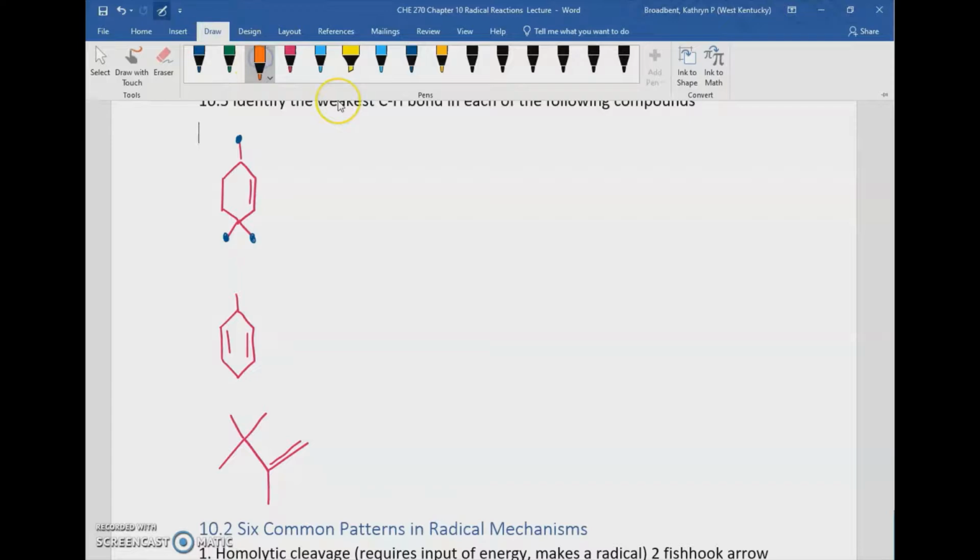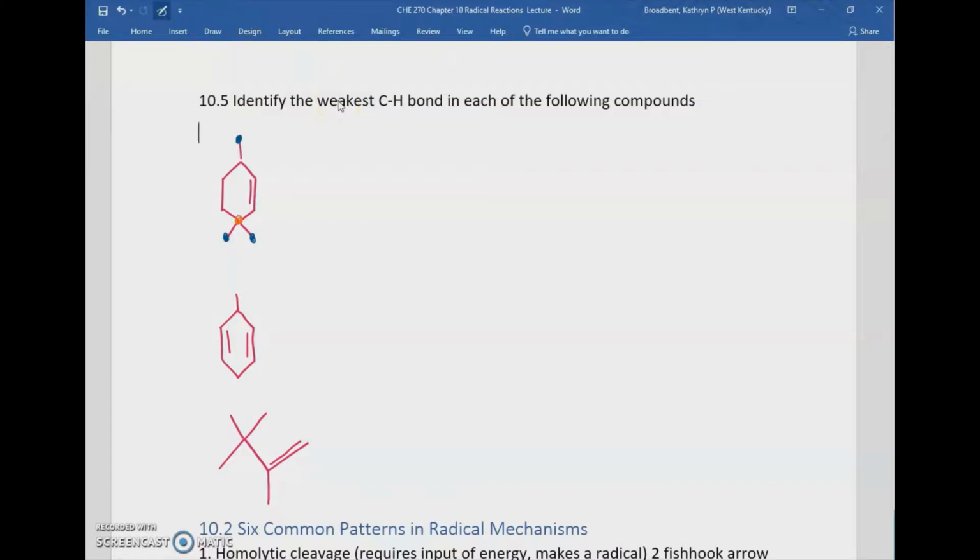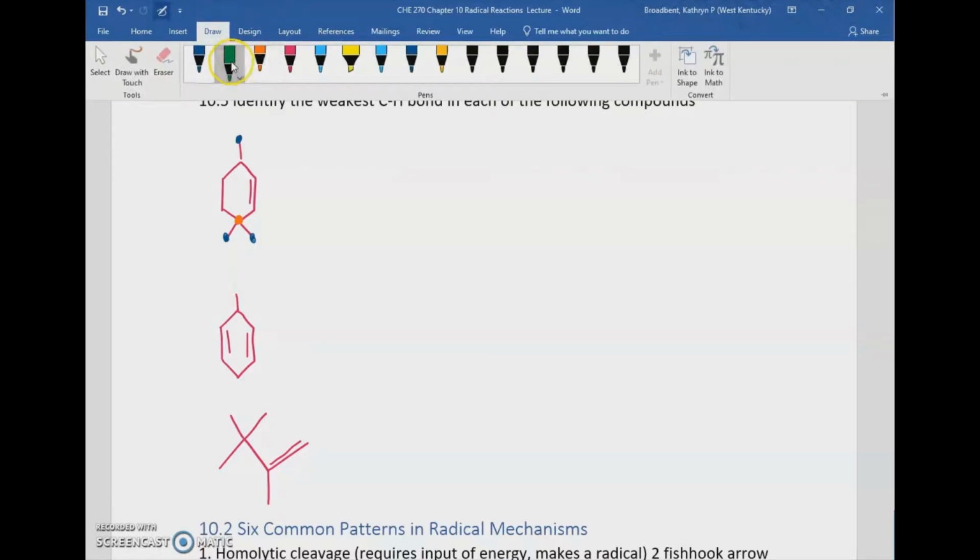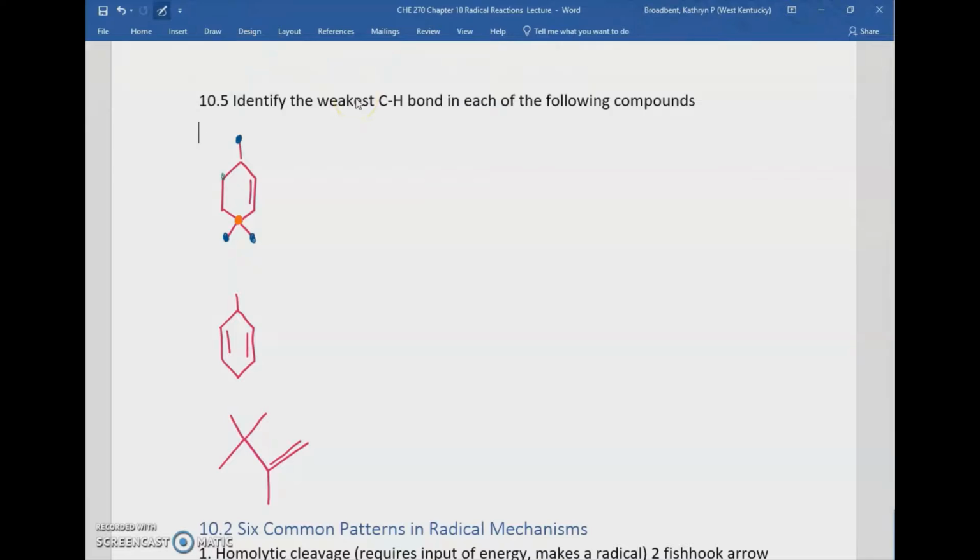We look at the orange position here. There are no hydrogens to be pulled off there, so we can't make a radical at that position. We can't add an extra electron either. Okay, so let's then look at these two.